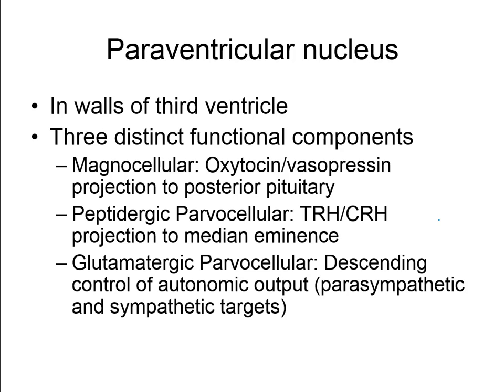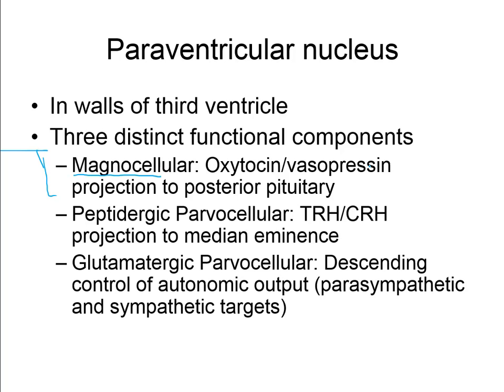So in the walls of the third ventricle, there is an easily recognized nucleus. And it's called the paraventricular nucleus. When we look at it, it's really easy to see the big cells. Okay? And if they're big cells, we tend to call them magnocellular. These are the neurons that secrete the peptides oxytocin and vasopressin.